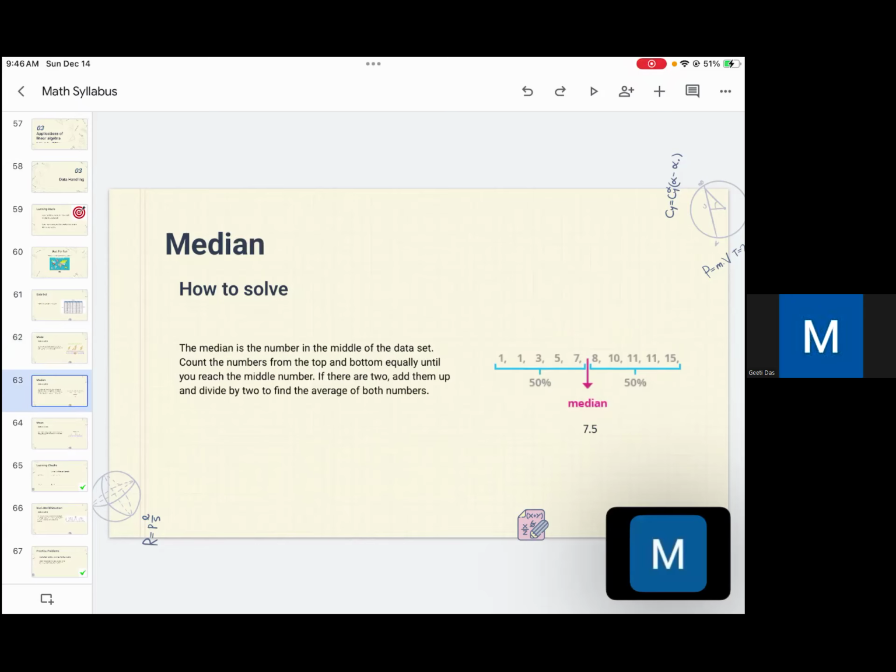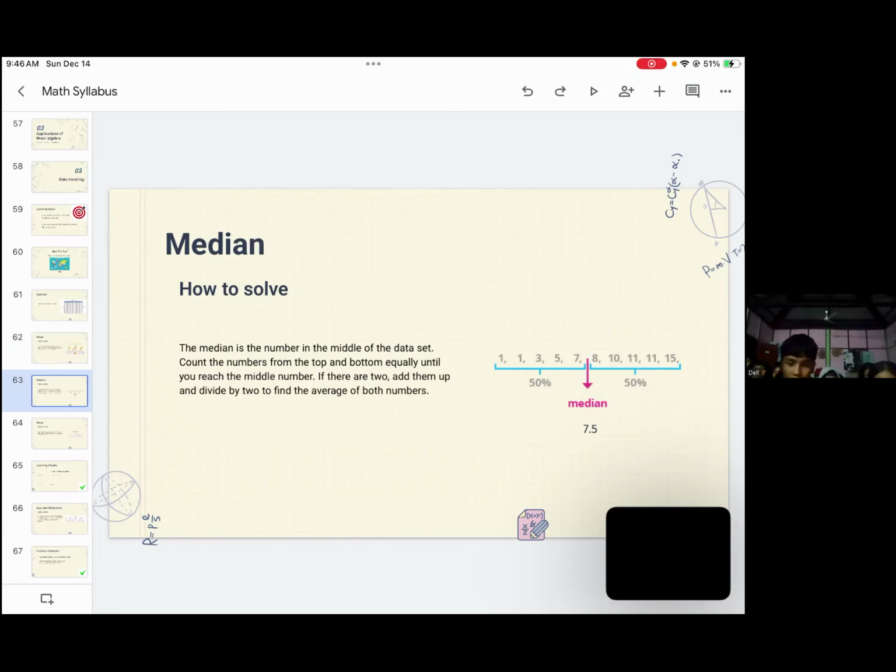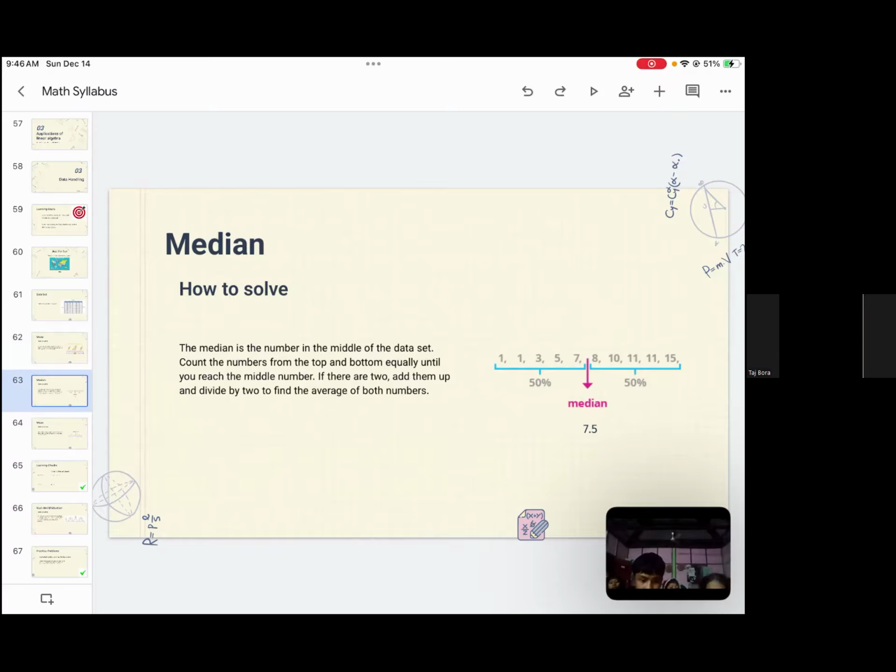Okay. So then the next term to know is median. Median means middle. So figure out what number is in the middle of the data set. As we can see here in the list, we have 1, 1, 3, 5, 7, 8, 10, 11, 11, 15.